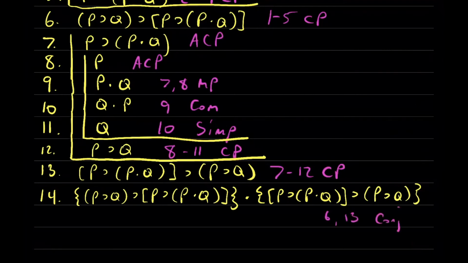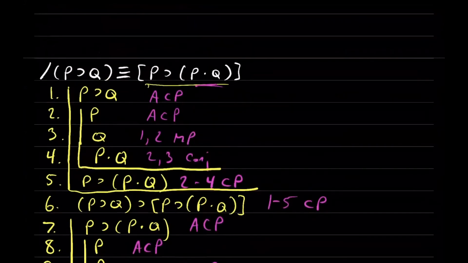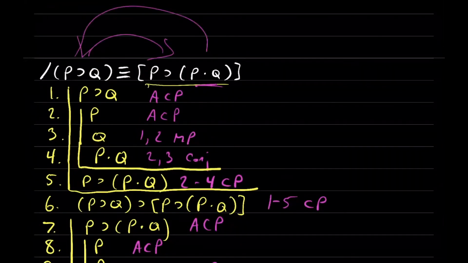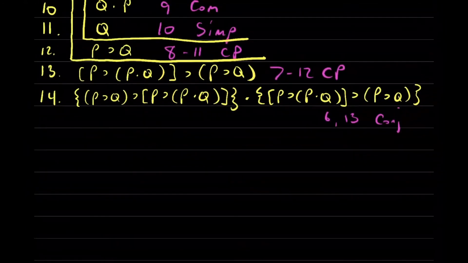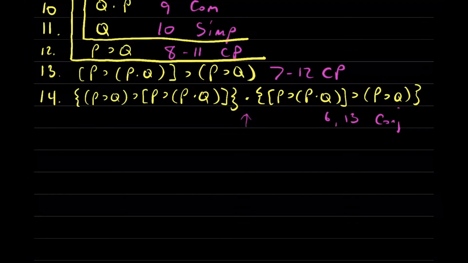So a fairly unwieldy statement here, but basically I'm just going to scroll up and remind you what we're doing. We're trying to prove that this biconditional goes both ways. If P implies Q, then what's on the right? And if what's on the right, then what's on the left? And that's what we've done here on line 14. If we've shown that P implies Q implies that expression in the bracket on the right side of that biconditional, and right here, that's what the dot is, and if we assume that expression in the bracket right here, P implies P and Q, then we can get P implies Q. So it's a fairly lengthy expression, but don't let the length scare you.